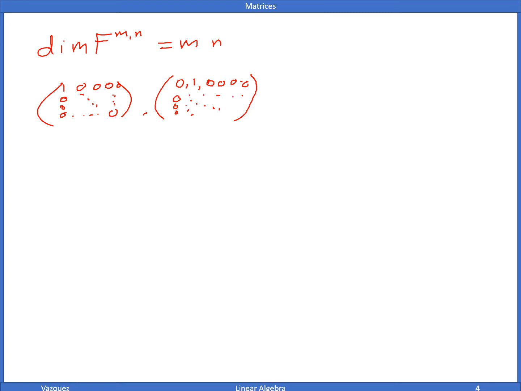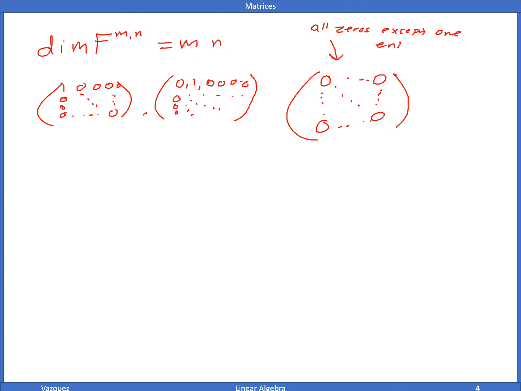And like that, we just put a 1 in one entry, or, in a matrix, have all zeros except for one entry, that entry being 1.